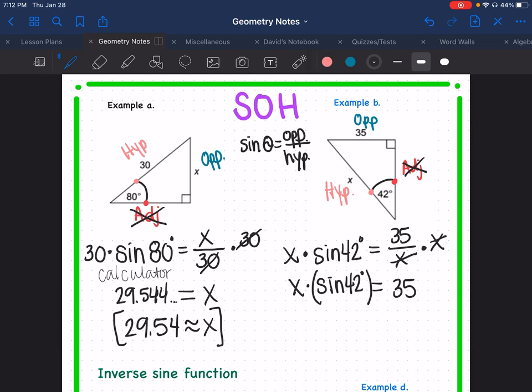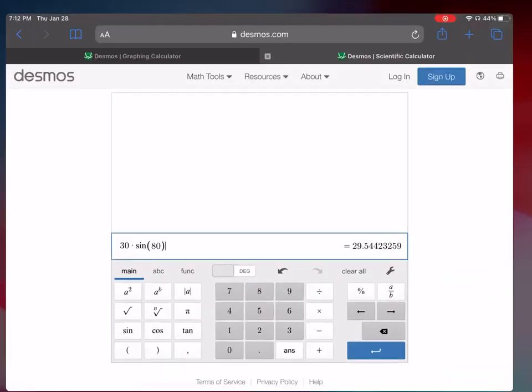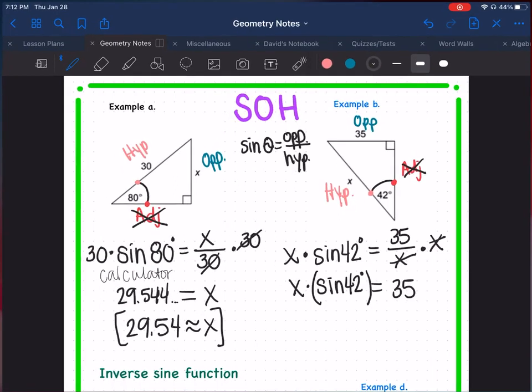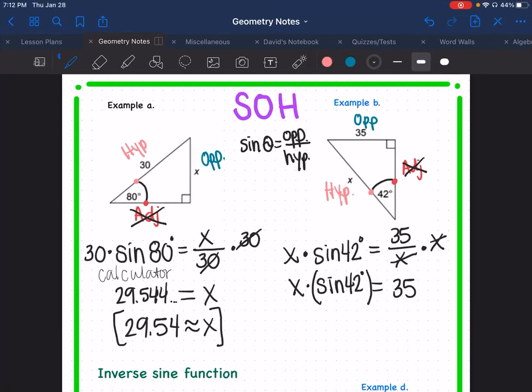If I were to go into Desmos to show you right now, sine 42 is a decimal. In fact, let's go ahead and look. Let's clear this, and let's put in sine of 42. Notice that Desmos is giving me a decimal, okay? 42 and sine of 42 are both numbers, okay? 42 and sine of 42 degrees are two totally different numbers, though, and you just saw that.